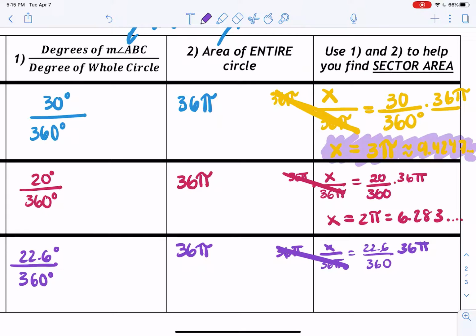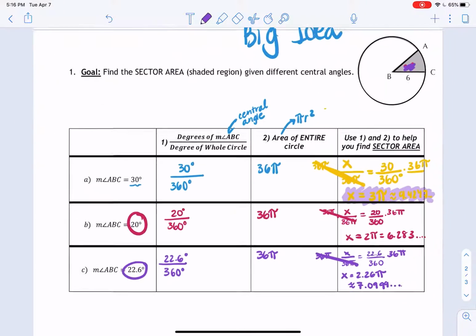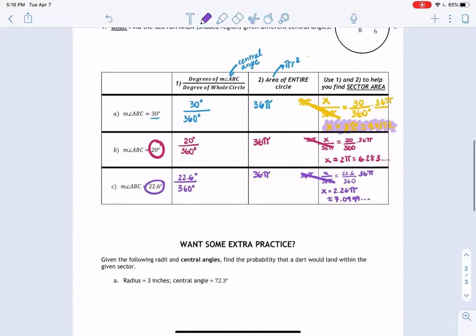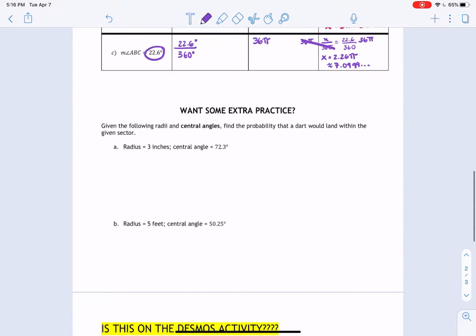And these two cancel out. 22.6 times 36 divided by 360. X is equal to 2.26 pi. Or if you have the approximate, 7.0999, lots of nines.